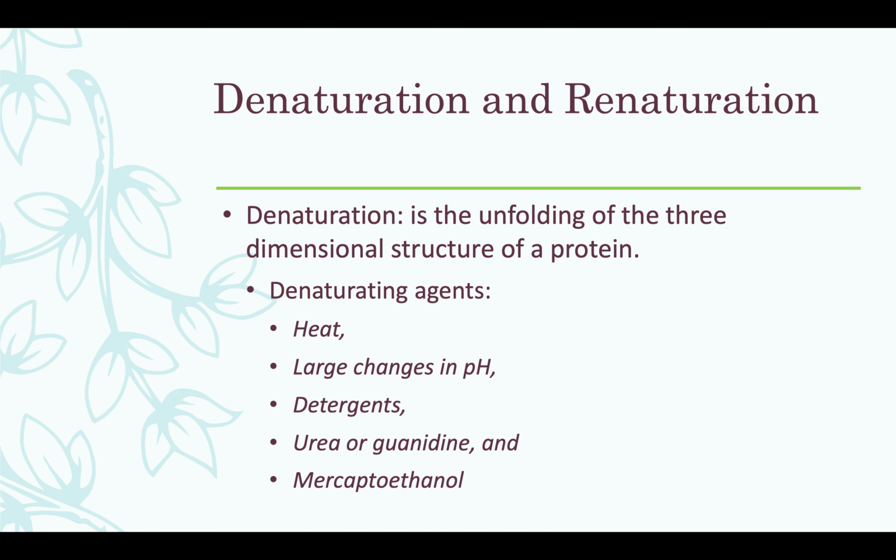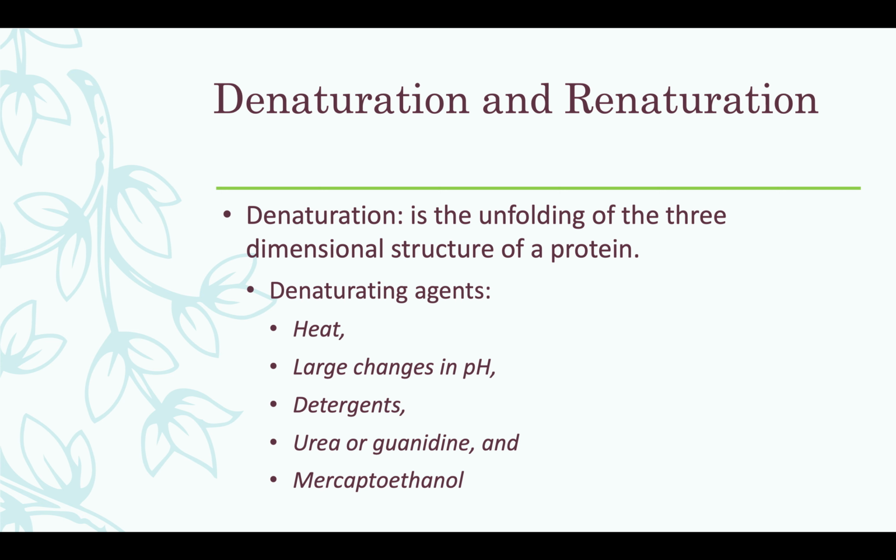These include heat. What happens here is that an increase in temperature causes vibrations within the molecules, and the energy coming from these vibrations can become too much to handle that it can disrupt the tertiary structure of the protein.